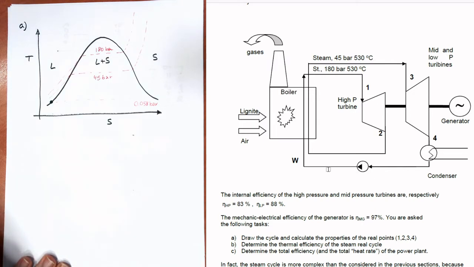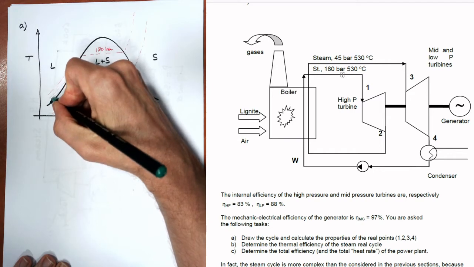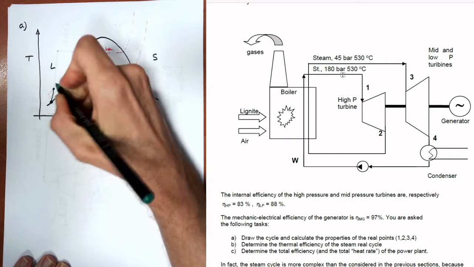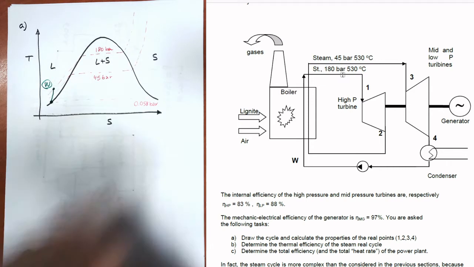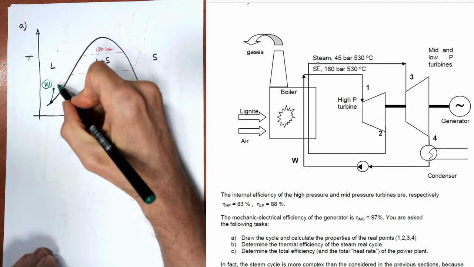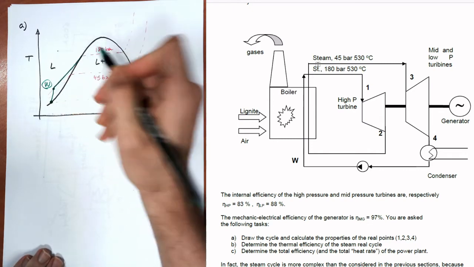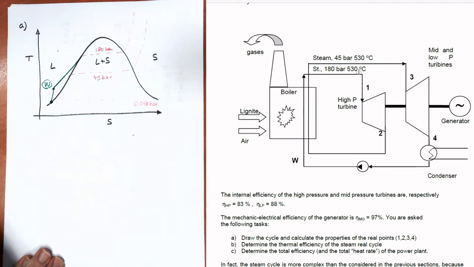We pump at which pressure? You can see here that we are going to the high pressure turbine first, so we are pumping at 180 bar. So we pump here, and this is our point W, the exit of the pump. Now we move through the boiler, so we are heating up to 530 degrees.